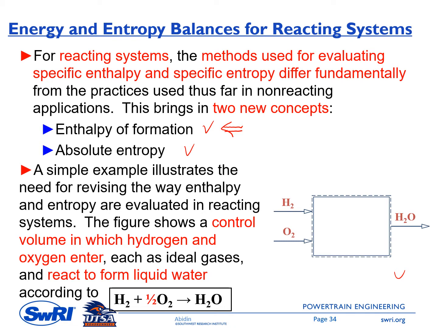So at the exit we have liquid water, and at the entrance we have hydrogen and oxygen, and the reaction inside the control volume follows this reaction equation: H2 plus a half mole of oxygen, and the product is 1 mole of water, H2O.